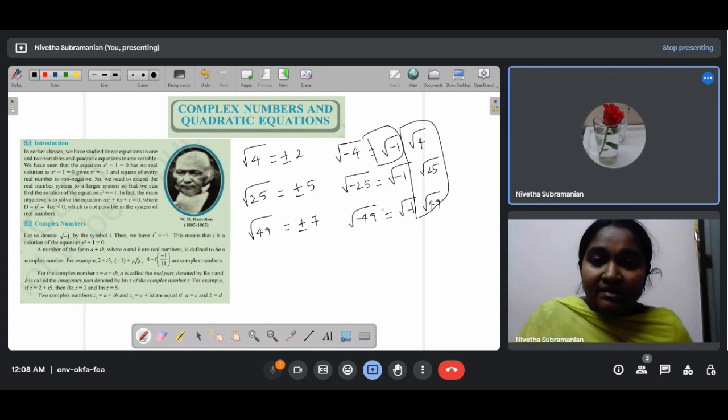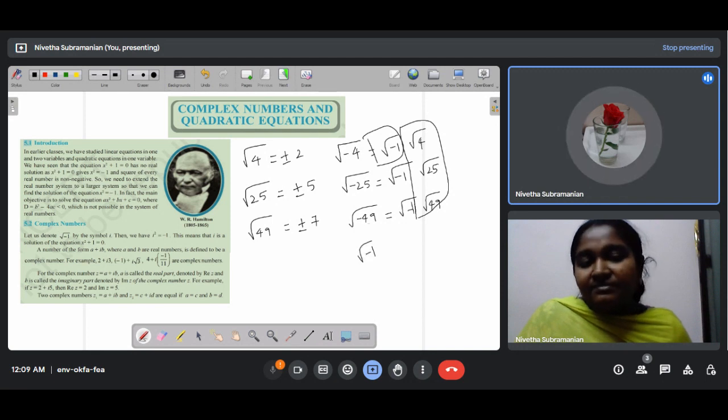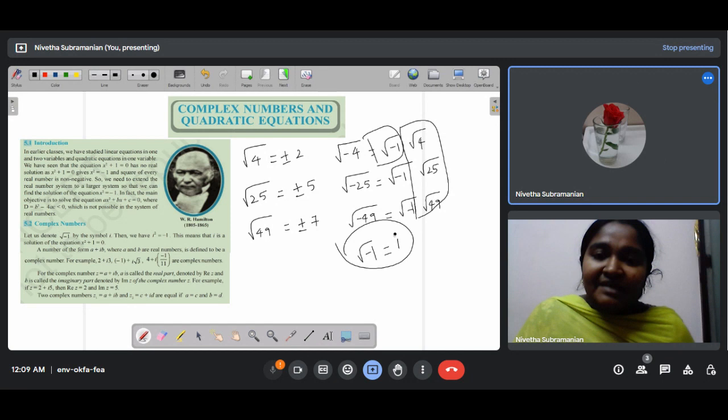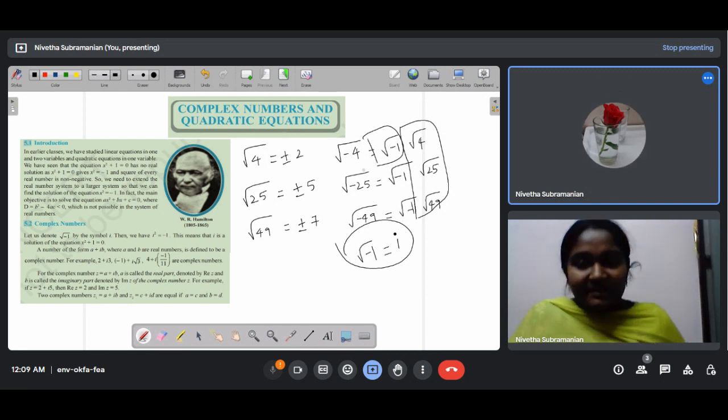So scientists found that the problem arises because we don't know the value of root of minus 1. So they fixed root of minus 1 as i, that is nothing but the imaginary number. So this is the start of the complex number theory, when they gave life to root of minus 1. This is the basic intro part.